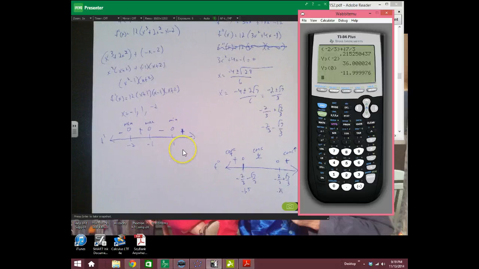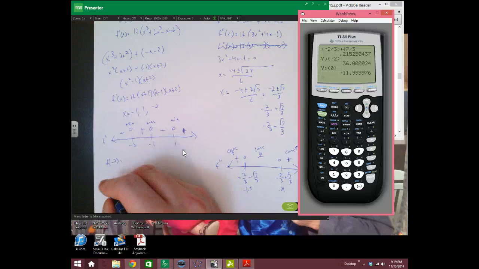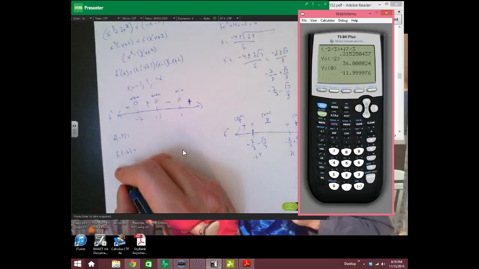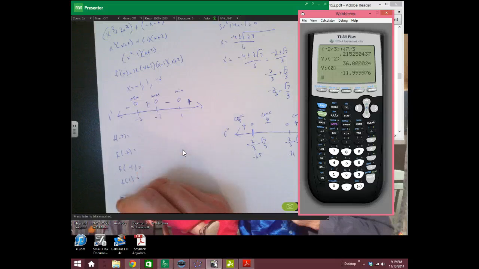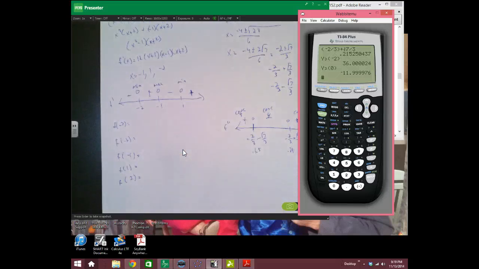So now, we'll do f of negative 3, f of negative 2, f of negative 1, f of 1, and f of 2. Because again, f of negative 3 and f of positive 2 are our two boundaries.